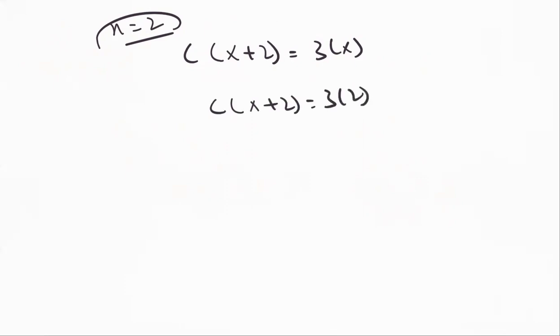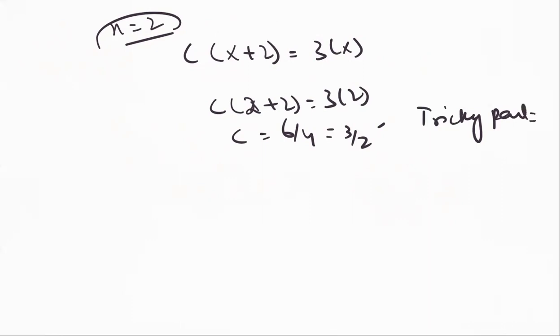If I replace 2 over here as well, C is equal to 6 over 4, that is 3 over 2. Now comes the tricky part. How to find B? Yes, any suggestions on how to find B?